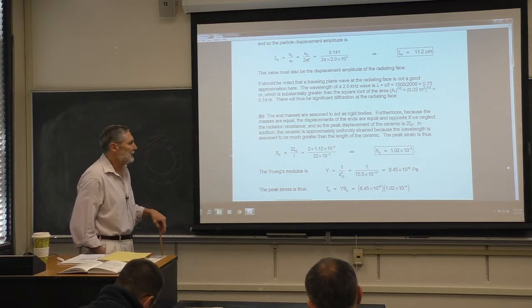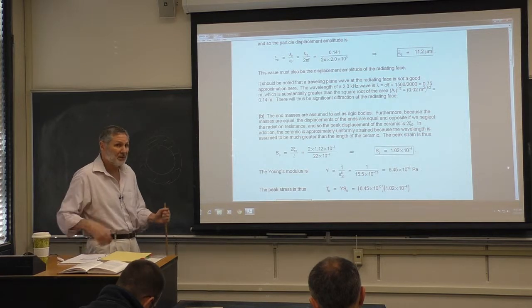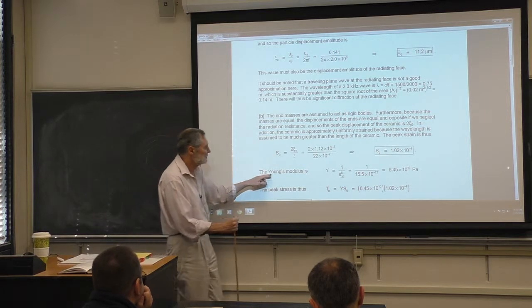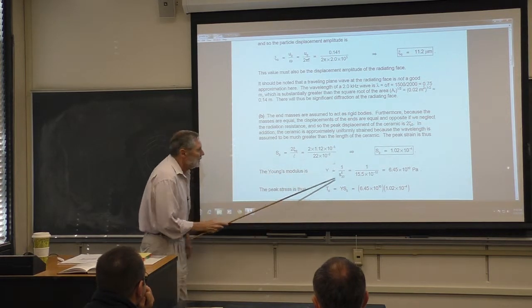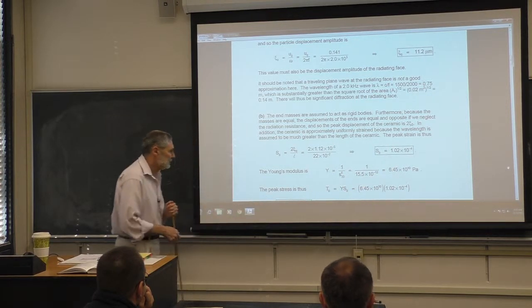To get the stress, the stress and the strain are related by the elastic modulus, which here is going to be Young's modulus. It's free to bulge and contract transversely, so it's 1 over S33. So here's the Young's modulus for the ceramic.